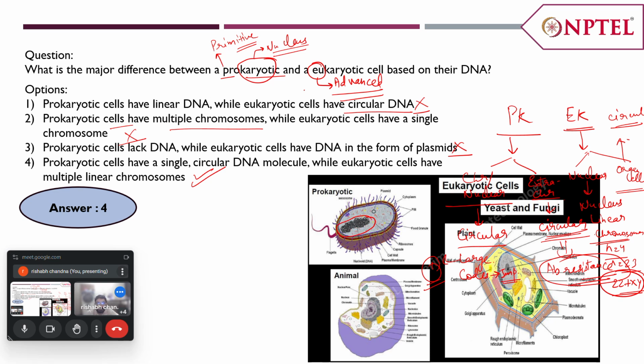In case of plants and animals, these are eukaryotic cells, and here you can see in the image this is the defined nucleus, and this black region, as you can visualize, is the DNA part. Here in the plants also, this is the nucleus region, and this is the DNA region.